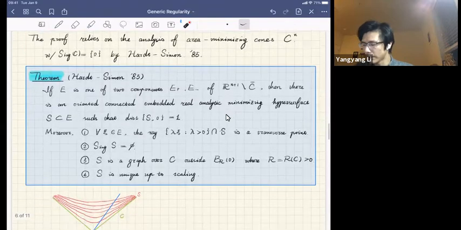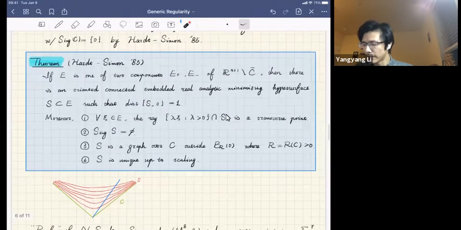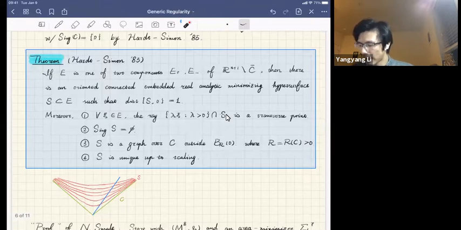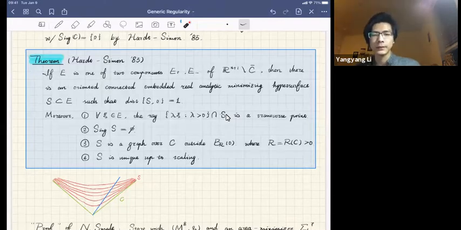As one can see in this picture, the green part is the area minimizing cone C, and one of the leaves is S. This S is a minimal hypersurface with the following property. The first one is that if we consider a ray emitting from the origin, then it intersects S at exactly 1 point and transversely. Secondly, the singular set of S is empty.